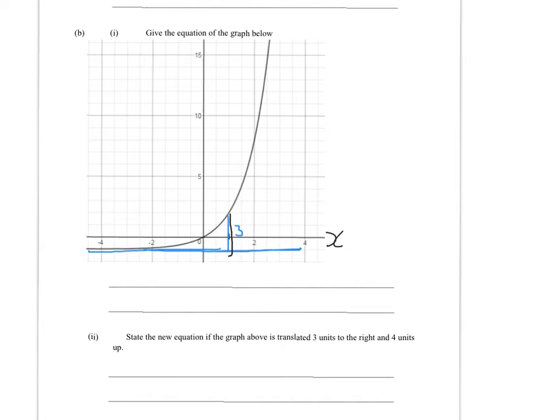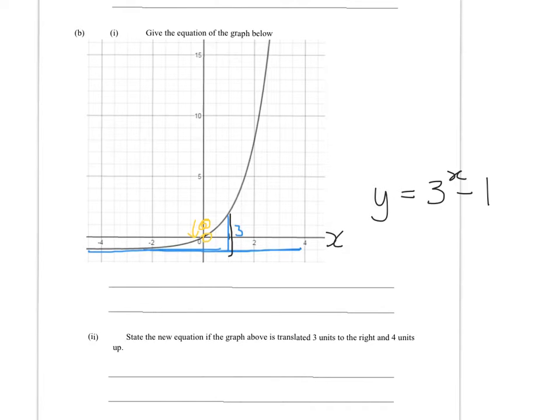So that's a 3, so my equation here is y is 3 to the power of x, and it has moved down. This point here usually goes through y equals 1. It's moved down 1, so my equation will be y equals 3 to the power of x minus 1.